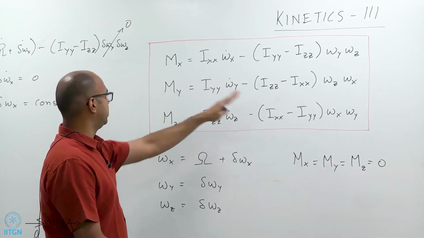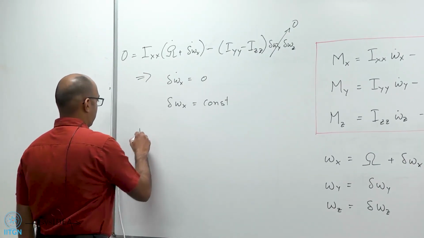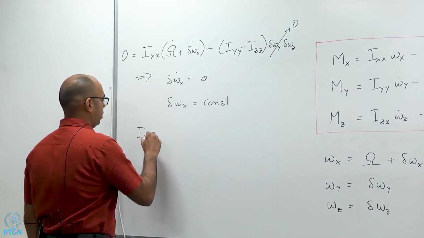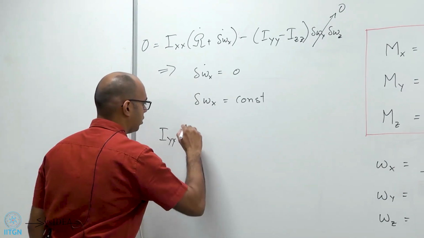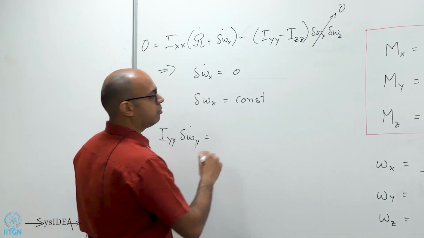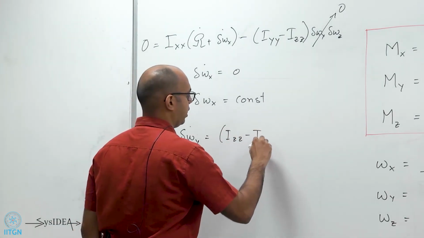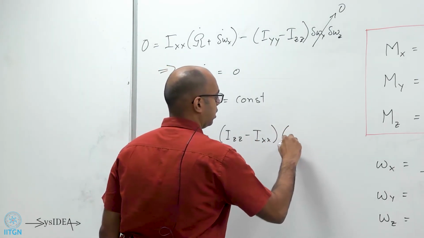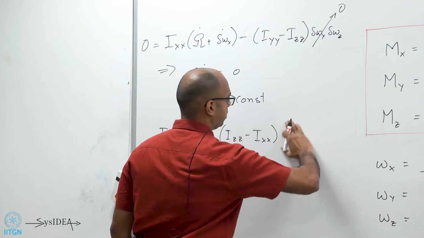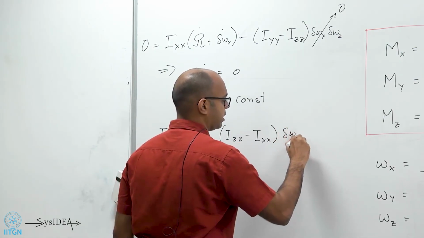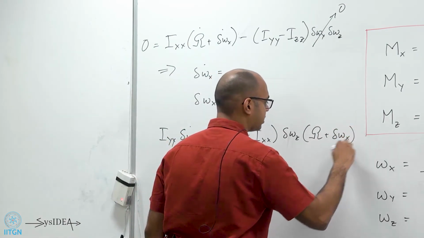So let me bring these to the other side, and I would get Iyy delta omega y dot is equal to (Izz minus Ixx) times delta omega z multiplied by (capital Omega plus delta omega x).